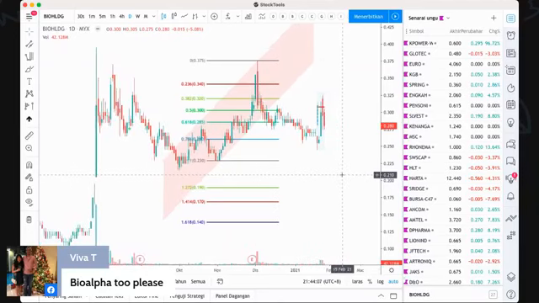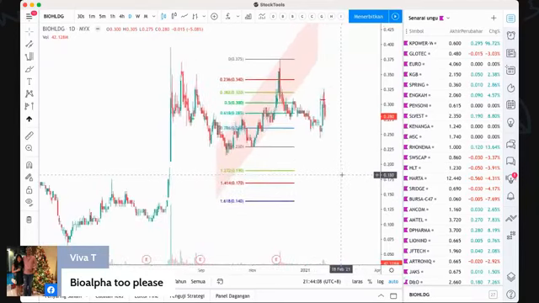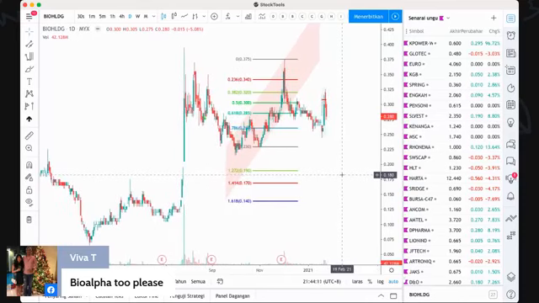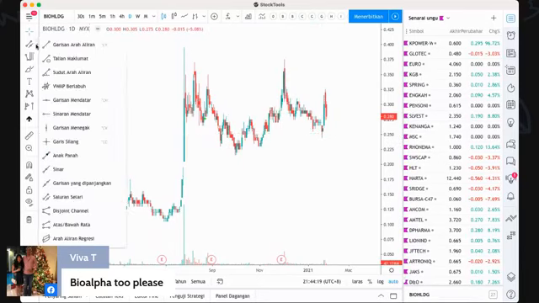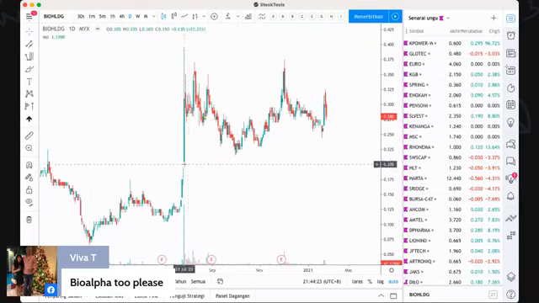So if we are going to combine chart pattern analysis as well, maybe I should delete this first. So I will consider this as one. You see here that we got a big gap up.